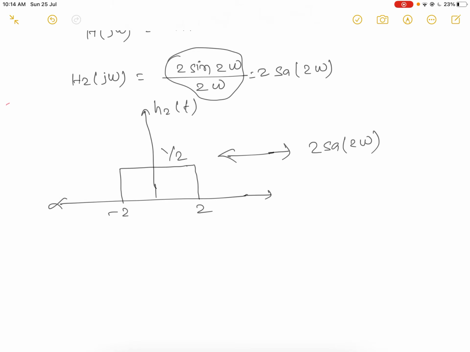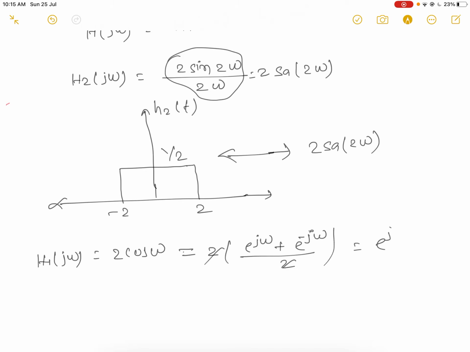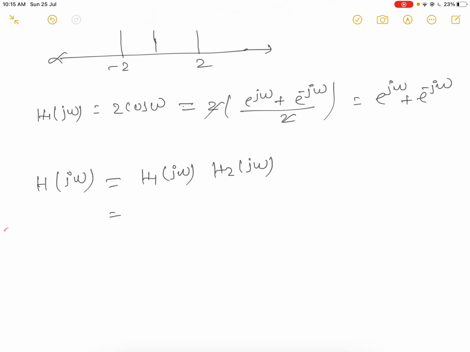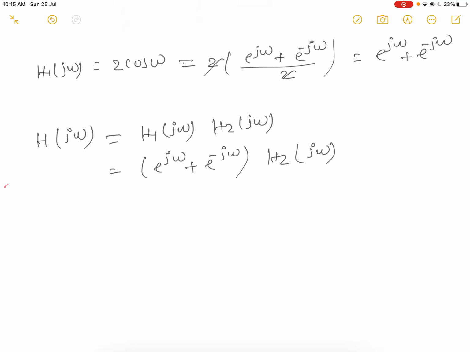Now H1(jω) is 2 cos ω. According to Euler's formula, cos ω is (e^{jω} + e^{-jω})/2. The 2 cancels out, so it will be e^{jω} + e^{-jω}. Now coming to H(jω): it is H1(jω) times H2(jω), so (e^{jω} + e^{-jω}) · H2(jω).